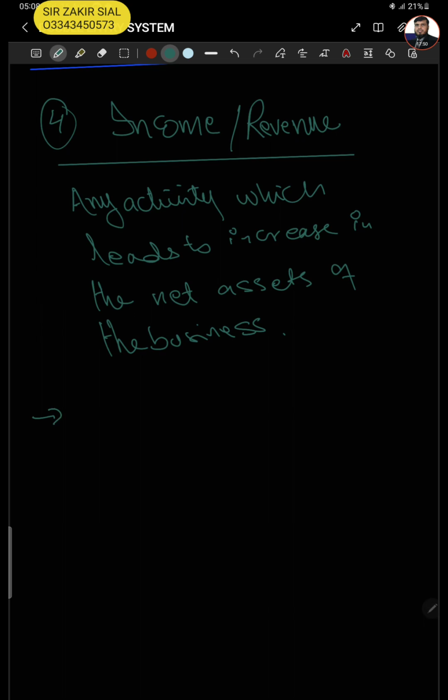Following are examples of incomes: sale of goods, or sales or revenue.